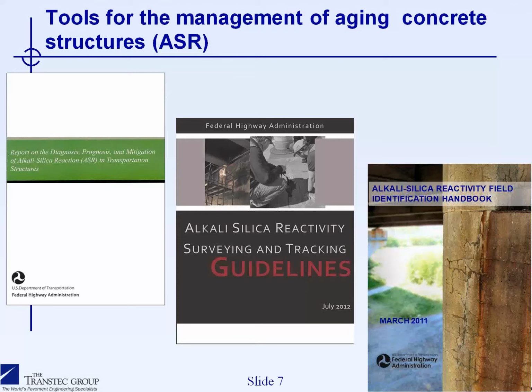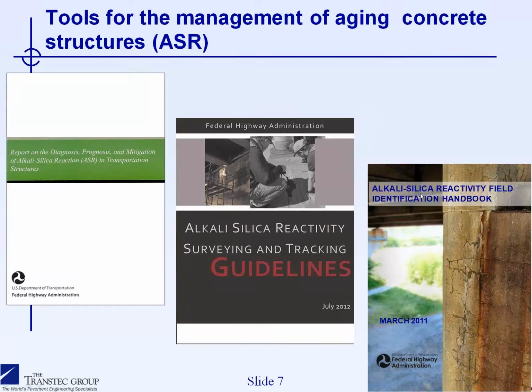This document is meant for inspectors and those who are managing concrete structures over time, and it provides a number of suggestions and guidelines for evaluating the presence and the extent of ASR in different types of transportation structures.